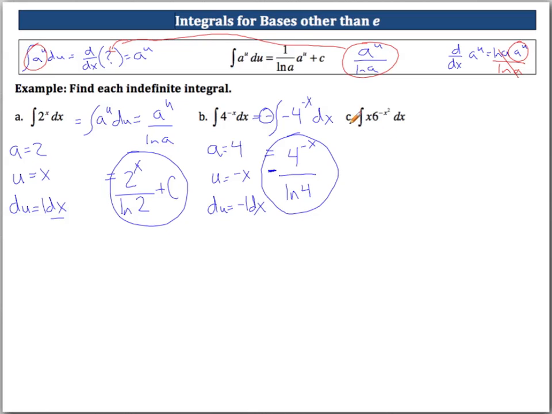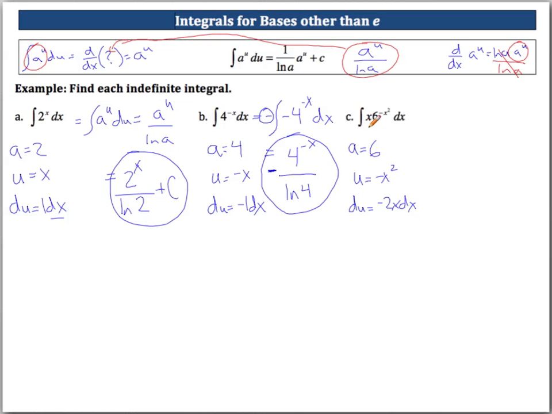All right, let's take a look at letter C. Here I see x times 6 to the negative x squared, and we might think product rule right away, but let's check our a, u, and du first. So here a equals 6, u would equal negative x squared, and du equals negative 2x dx.